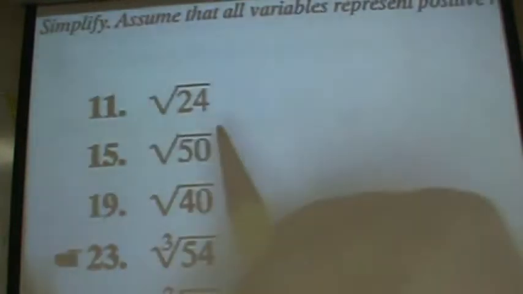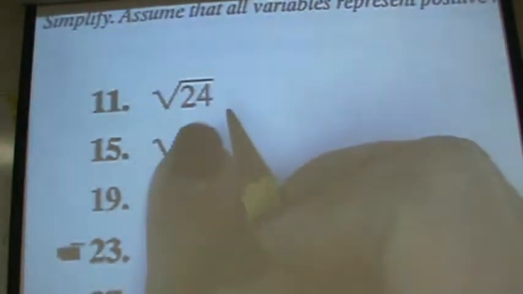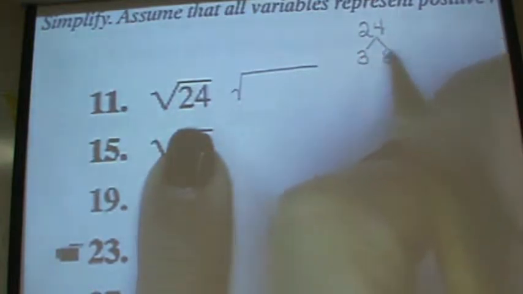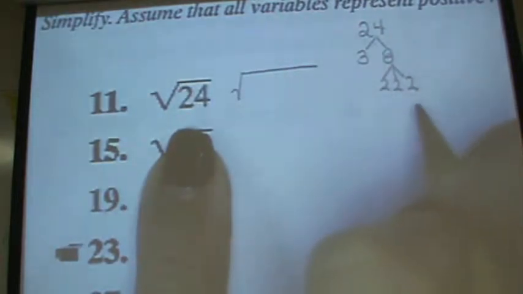For problem number 11, you have the square root of 24. So you're going to break 24 up into what numbers multiply to give you 24. If you thought about a factor tree, 3 times 8 is 24, and 2 times 2 times 2 is 8.